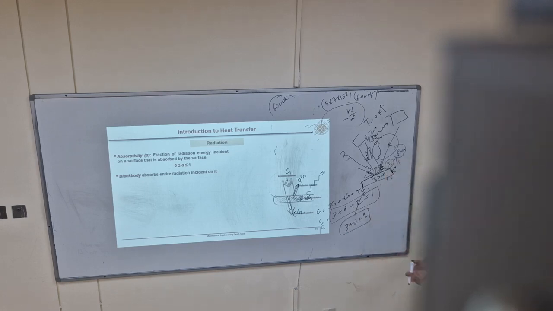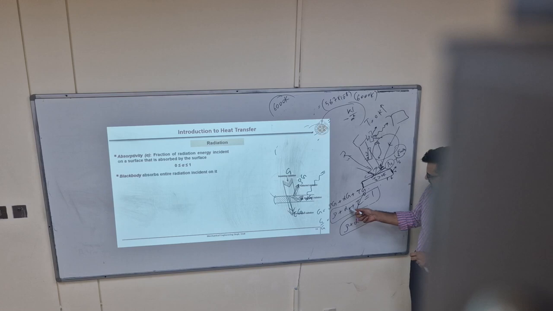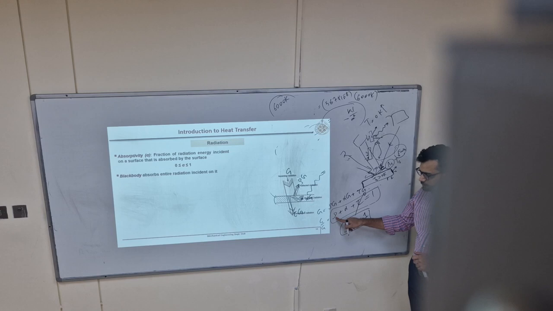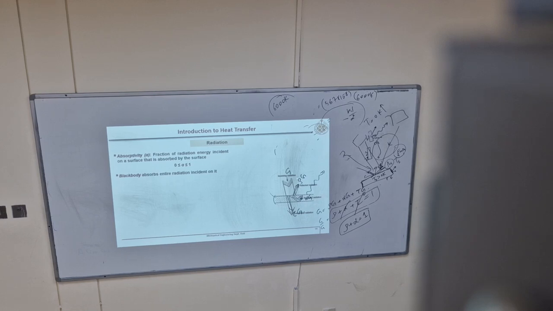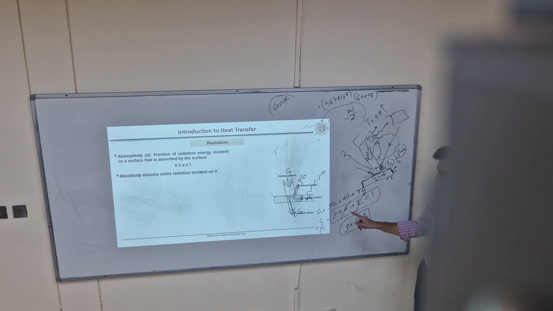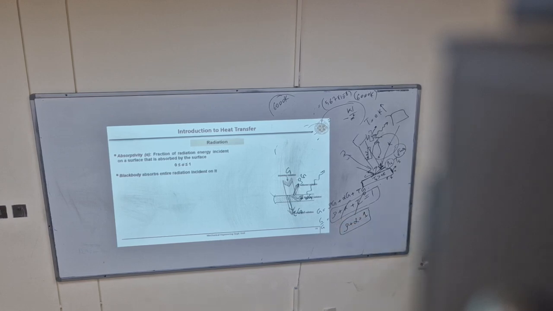For transparent or semi-transparent materials, all three will be present. For a mirror, almost all of it is reflected. If 100% is reflected, then rho is equal to 1. But normally it's not. Normally the reflection of a mirror is more than 90%.